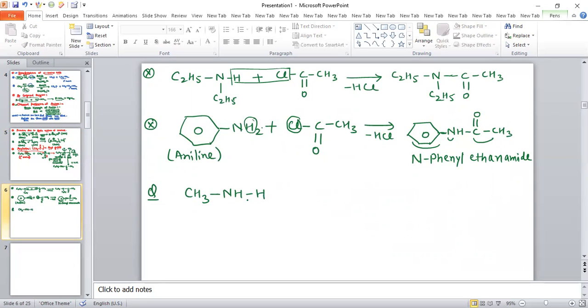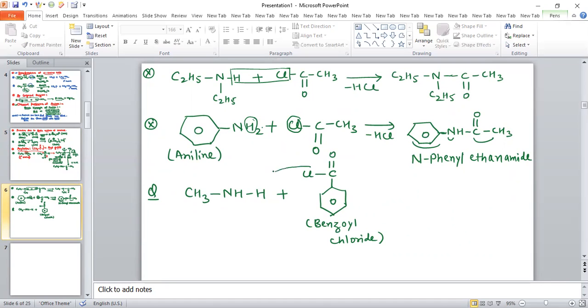This is CH3NH2. Now the reaction of this primary amine with benzoyl chloride, you can write benzoyl chloride like this, C double bond O and Cl. This compound is basically benzoyl chloride, on reaction with methanamine.